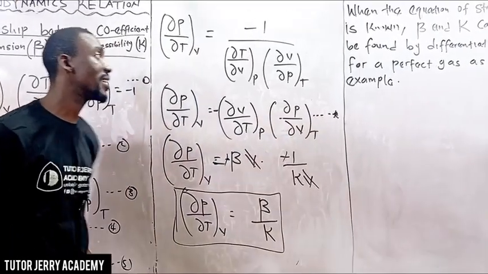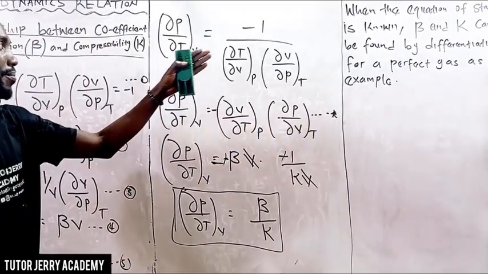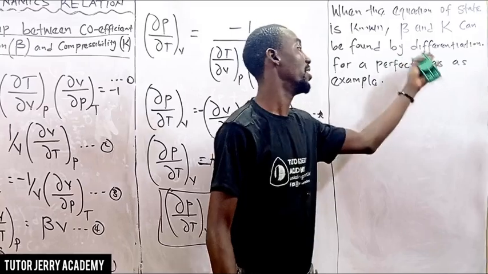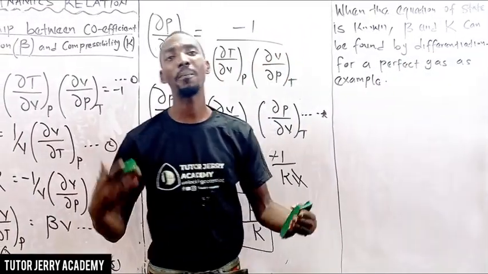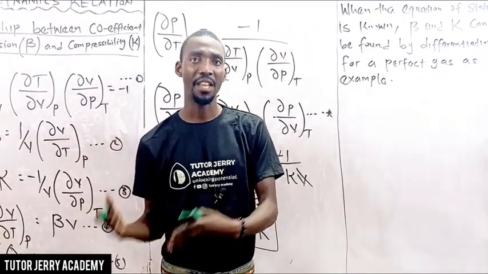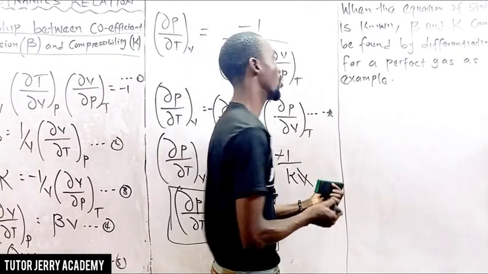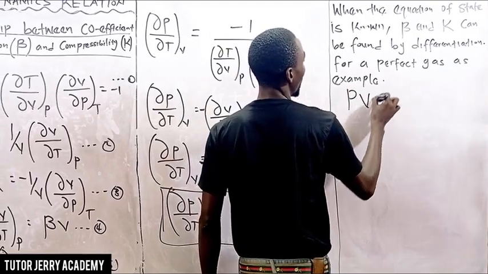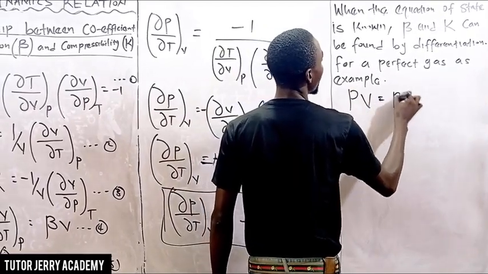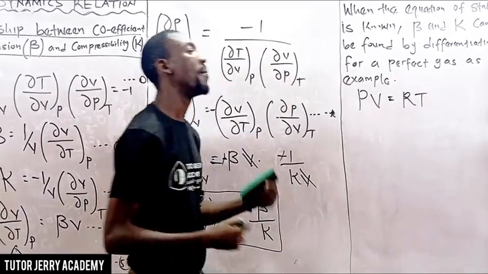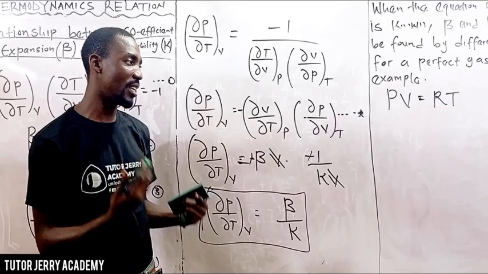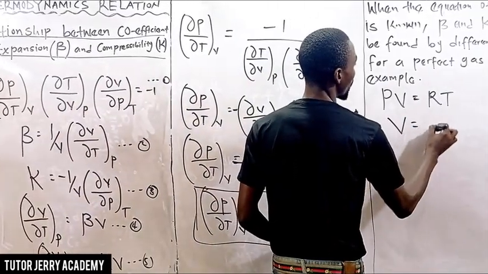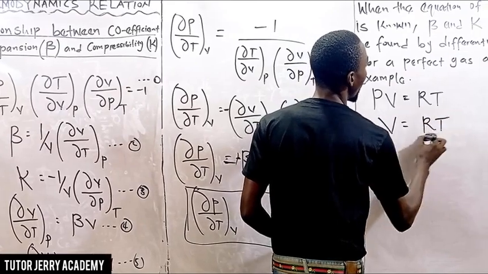When the equation of state is known, the value of this can be found by differentiation. All right, we know that for a perfect gas, PV is equal to what? RT. So for a perfect gas, PV is equal to RT, right? Now, by making V the subject, V will be equal to RT all over what?